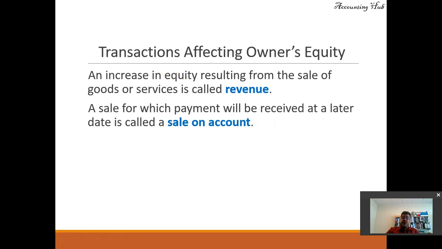It is called revenue, and it results from the sales of goods or services. On the other hand, a sale for which payment will be received at a later date is called a sale on account. We will check it soon, in some minutes, in our transactions.